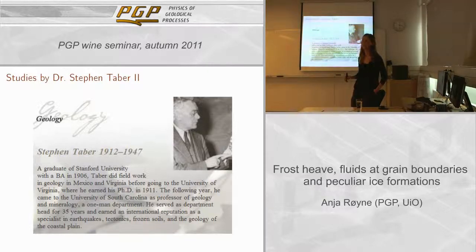I don't know who the first was, but the third was apparently a very important bee researcher. It has a name. So there's lots of articles about Stephen Taber III and bees. But his father was a geologist.